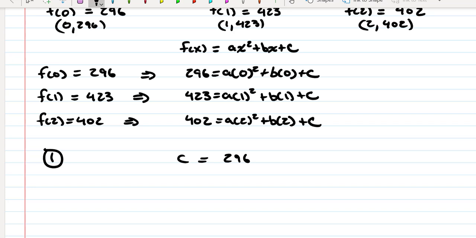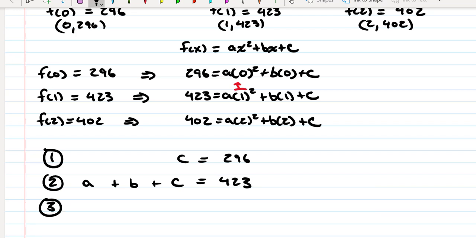My second equation, well, 1 squared is going to give me 1. And 1 times a is going to be just a. So my equation 2 is a, 1 times b is b, plus c is equal to 423.